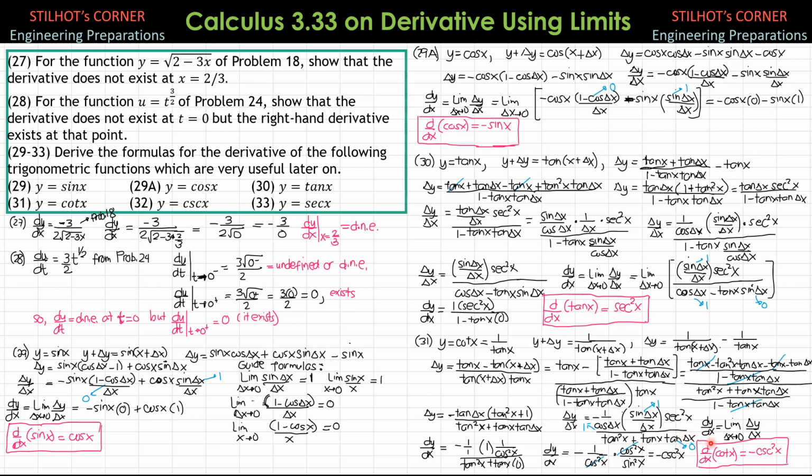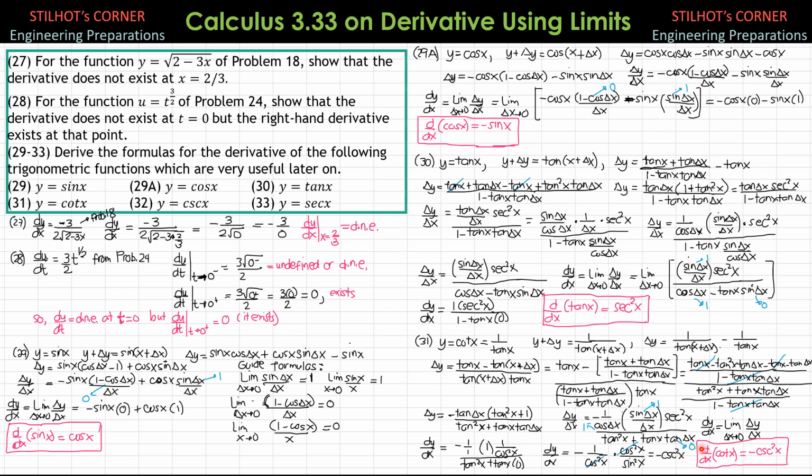So dy dx is the limit of delta y over delta x as delta x approaches 0. So the limit of this as delta x approaches 0, and remember, the limit of sine delta x over delta x is 1, and the limit of cosine delta x as delta x approaches 0 is 1, and the limit of tangent delta x as delta x approaches 0 is 0, which I mentioned earlier.